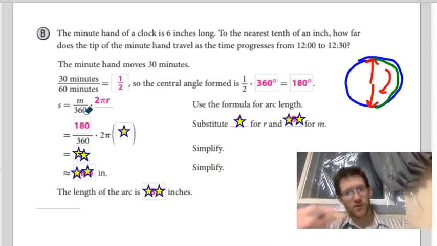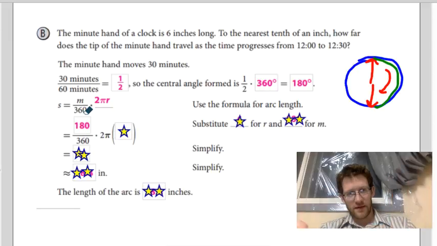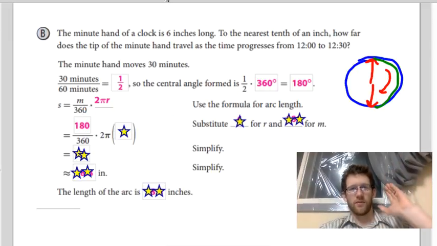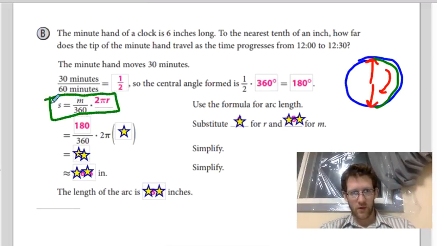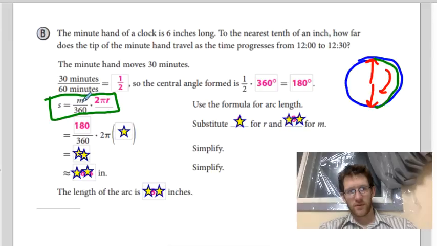This brings us back to 1/2. So again, if you just want to figure it out on your own, that's cool. I'm just showing you how to use that specific formula, this one here. And in order to use that formula, you need m, where m is the number of degrees that arc represents.